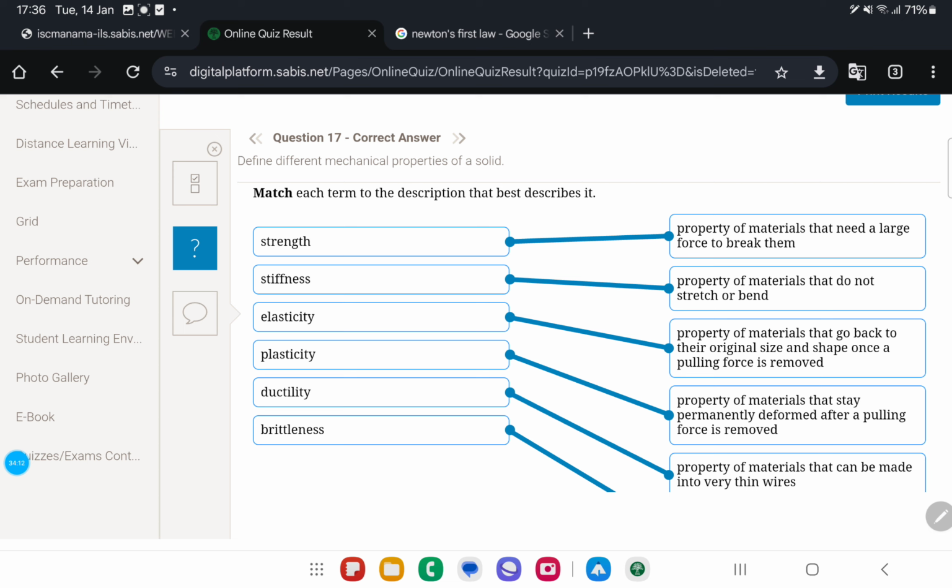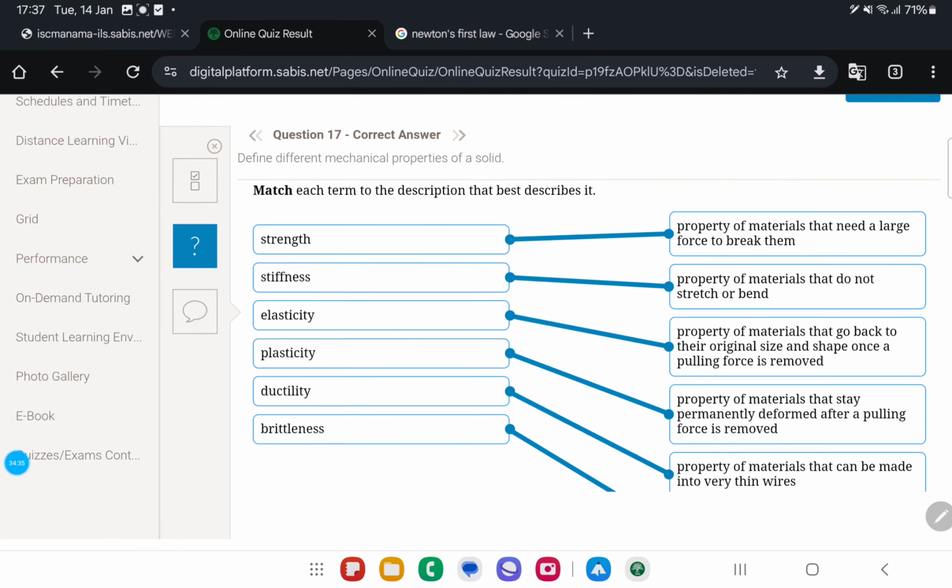So when you stretch a rubber band, it's to its elastic limit and let go, it will return back to its original shape. Now for plasticity, property of material that stay permanently deformed after a pulling force is removed. So like a plastic bottle, if you crush it, it will stay deformed forever, like that.